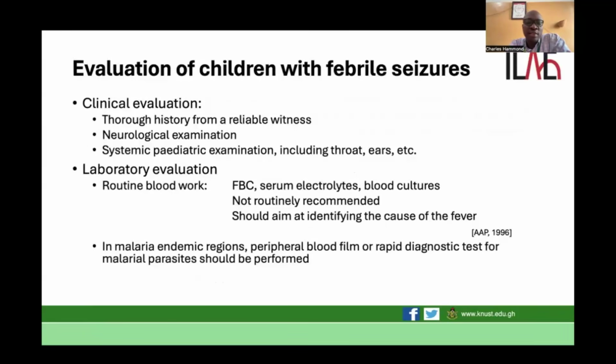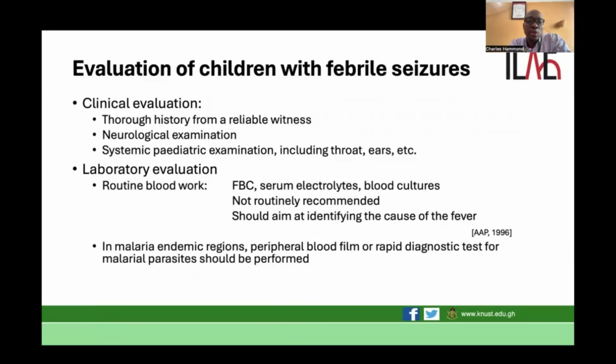The next most important thing for us clinicians is evaluating the child with a febrile seizure. So the clinical evaluation should include a thorough history from a reliable witness. Most often it's the parent, but it may be a nursery attendant, it may be a school teacher.